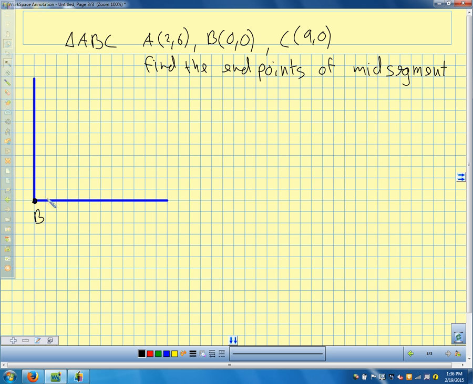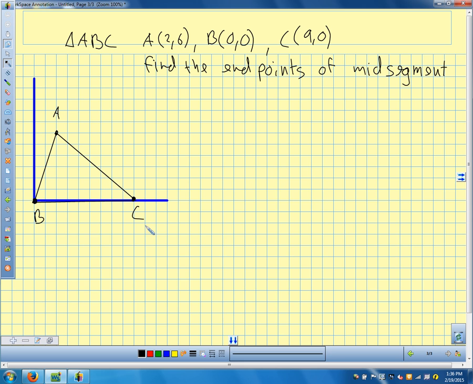We have point A at 2,6. There's point A. And C at 9,0. So there is our triangle. So let me connect those points. All right, so there's our triangle. And this is point C.